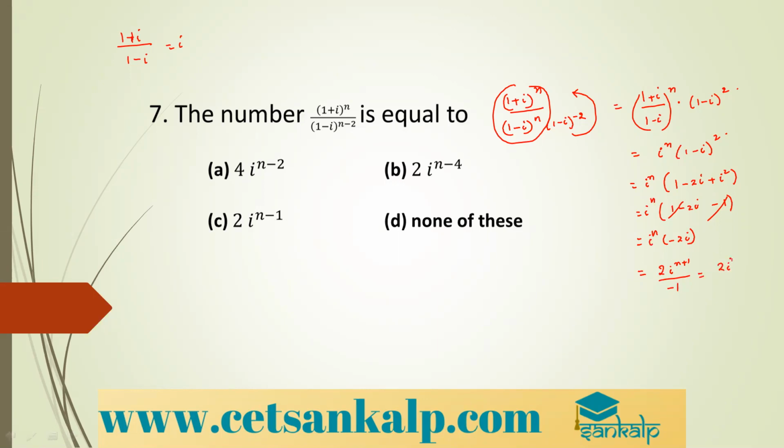So 2 i power (n plus 1) minus 1, I will write it as i square. That means 2 i power (n plus 1) minus 2. So 2 i power (n minus 1). This is how I manipulated to get this. Sometimes you won't get the option directly. You have to change it in order to get the option which you want.